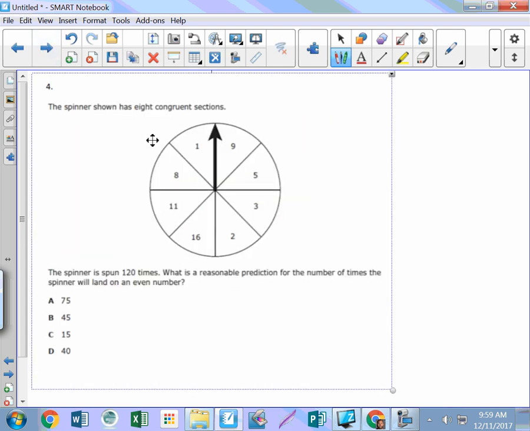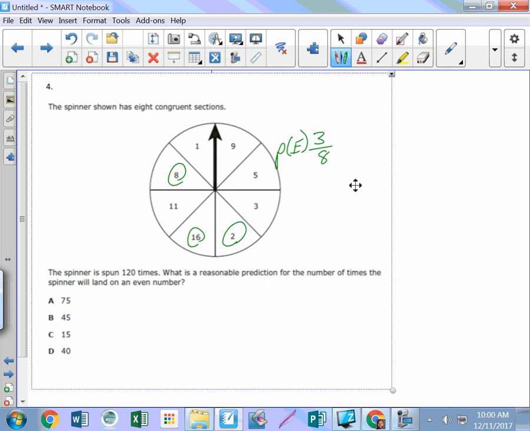4, the spinner shown has 8 congruent sections. Spinner is spun 120 times. What is the reasonable prediction for the number of times the spinner will land on an even? So even numbers, 8, 16, and 2. So there's 8 of them, so that's 3 out of 8 for even. Probability of even is 3 out of 8.